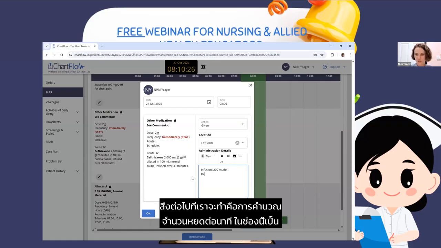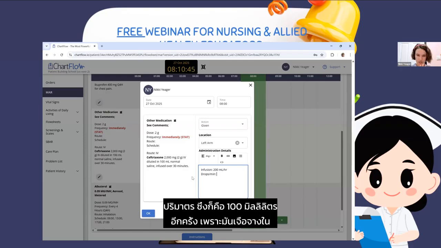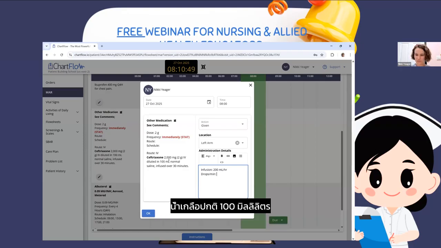The next thing we're going to do is your drops per minute. In here, this is a free text box, so they can write it however your school wants them to do it. But same thing, they're going to work through their formula themselves. To find the total drops, we're going to do the volume, so 100 milliliters again, because it's diluted in 100 milliliters of normal saline.